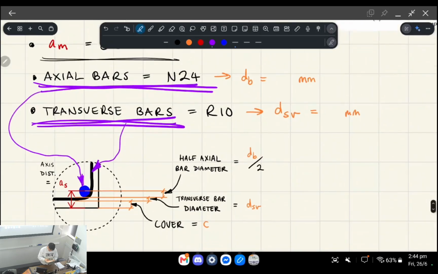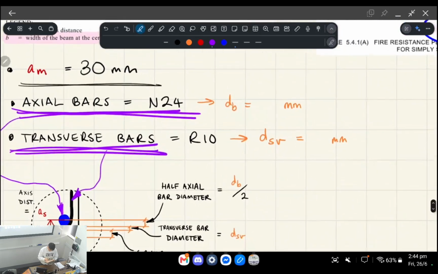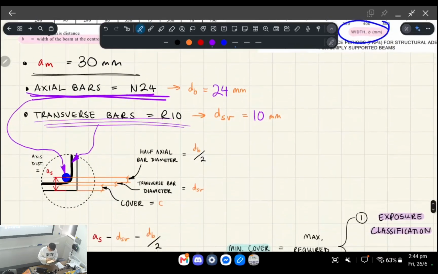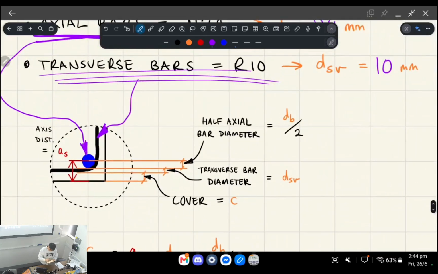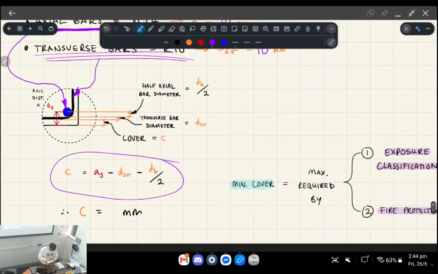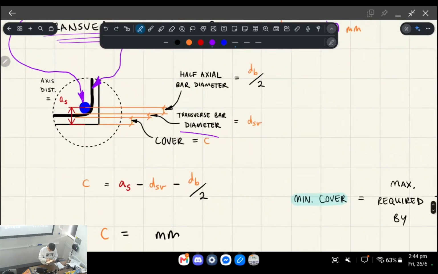Okay. So the bar diameter for an axial bar of N24 is 24. And the bar diameter for an R10 is 10. But you can think of it like this or just plug it straight into the equation. The idea is we're trying to solve for the cover, and we know this dimension.